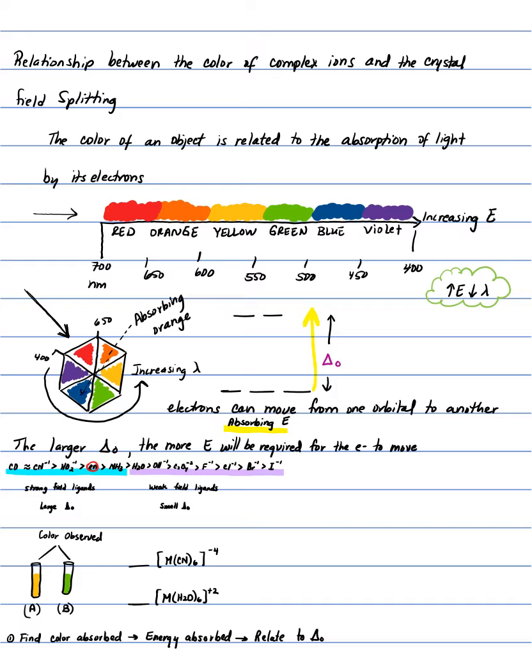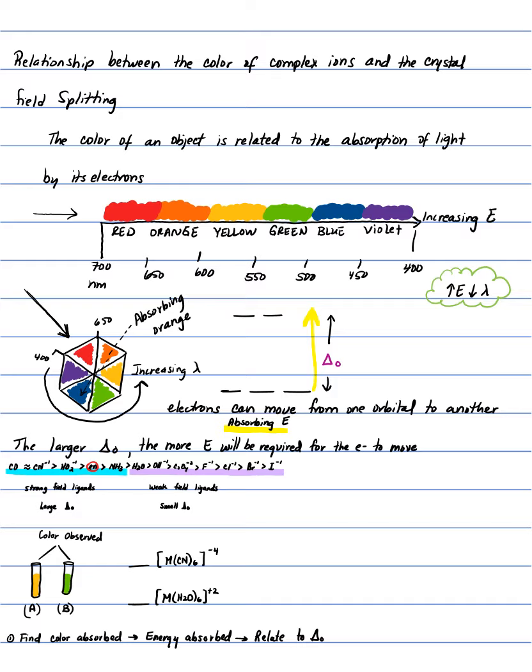So if you have a solution that looks blue, you can measure the absorbance for that solution. You might see different peaks for the absorbance value, but the largest one will happen at a wavelength range between 600 and 650.